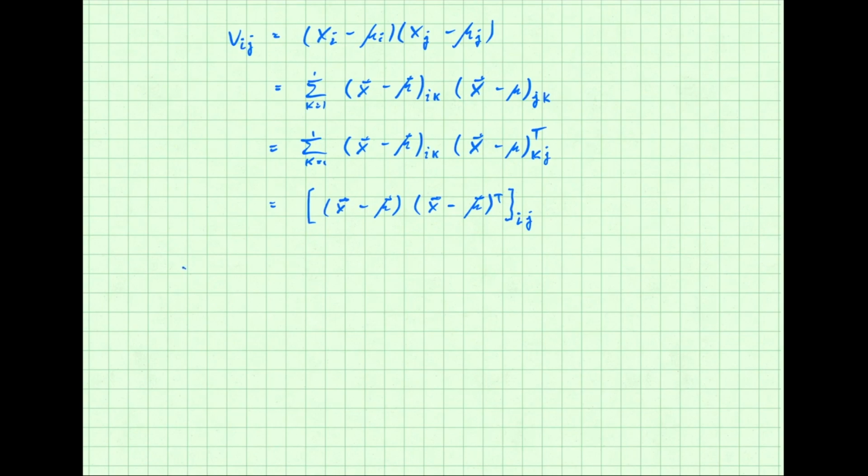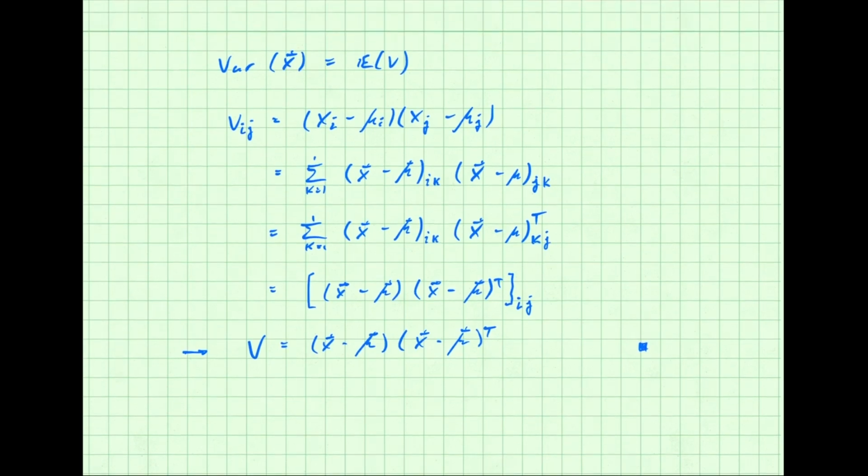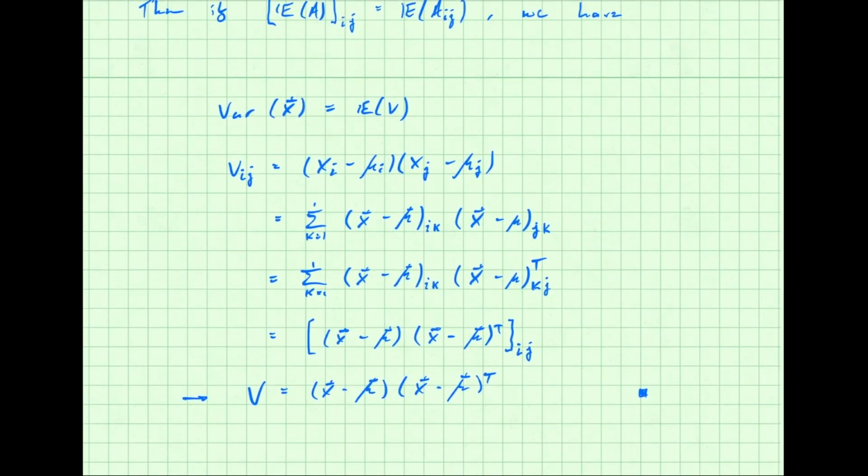So this tells us that the matrix V is equal to the thing I just underlined. If element ij of V is element ij of this, then that thing is V. And that's what we were trying to prove: that the variance-covariance matrix is the expected value of that. Okay?